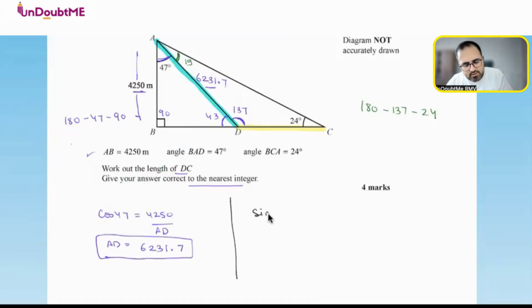So it will be sine 19 over DC, which we have to find, is equal to sine 24 over 6231.7.